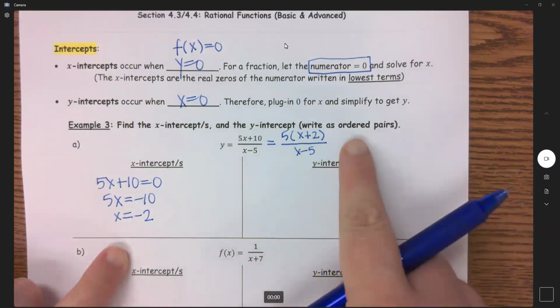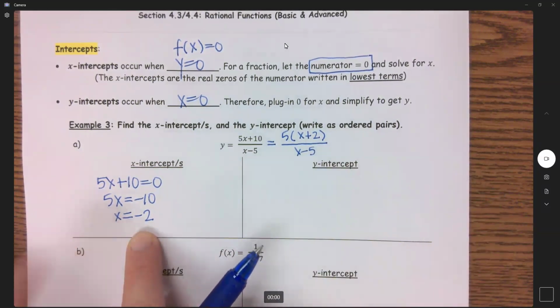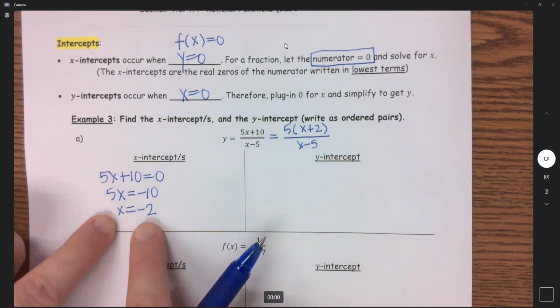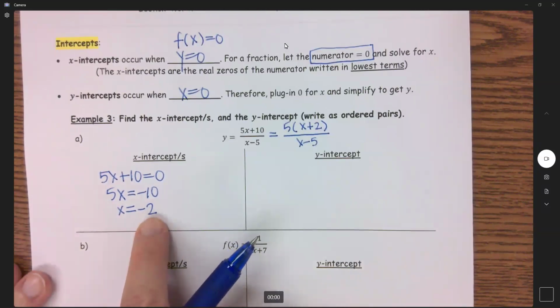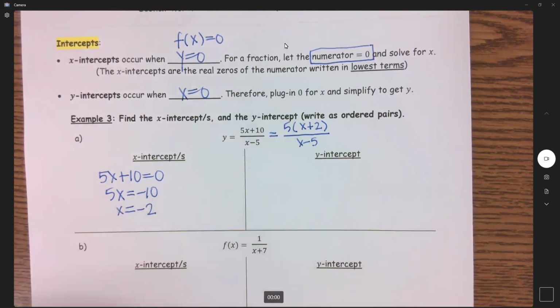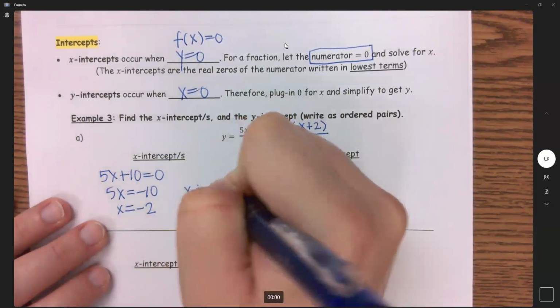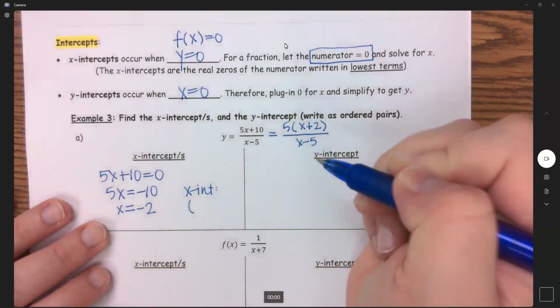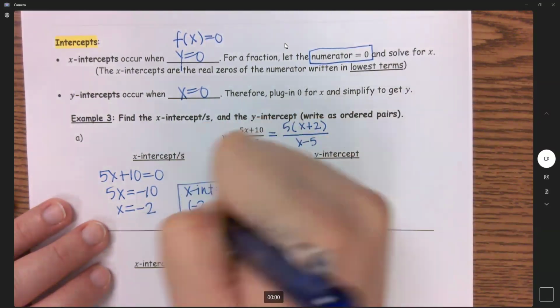Now, because we want to write these as ordered pairs, this is not done. So let me state that my math lab, I think, usually will just say x equals and you're putting in -2. But to me, this is a vertical asymptote. That's an equation of a line. So for me, I want these as ordered pairs. So therefore my x-intercept is at -2, 0.